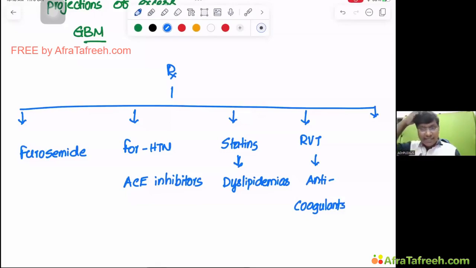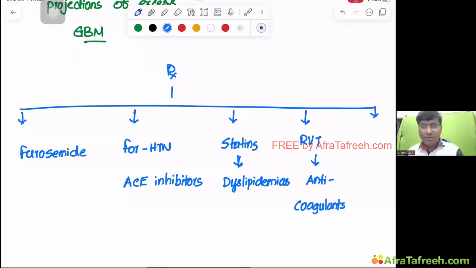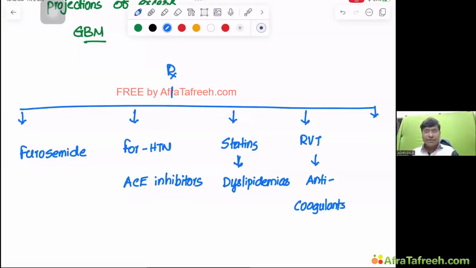And whenever there is renal vein thrombosis, what type of renal failure will they develop? Yesterday we were discussing. What type of renal failure do these patients develop? That is post-renal type of acute renal failure.